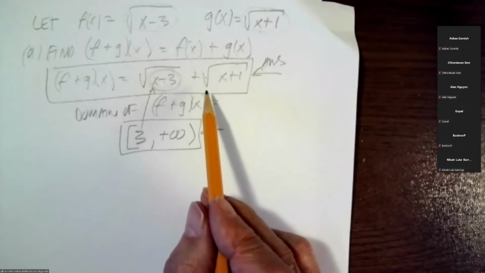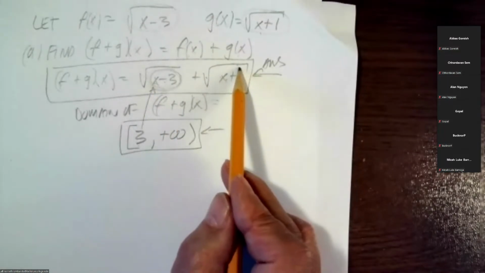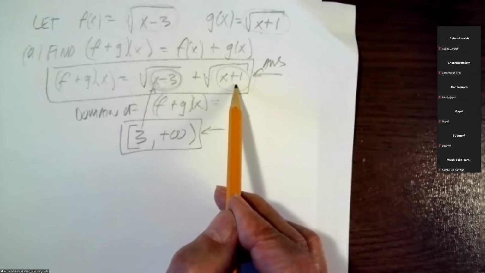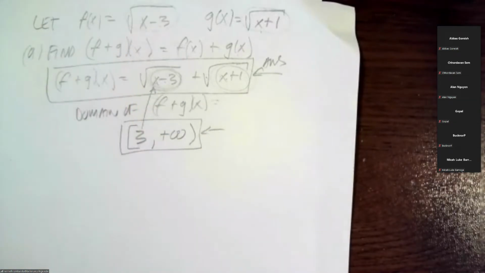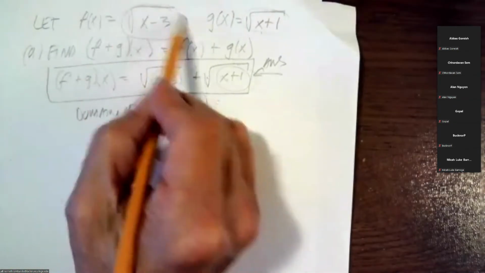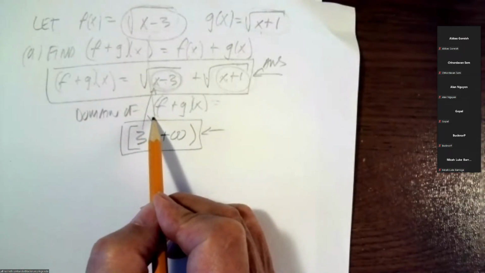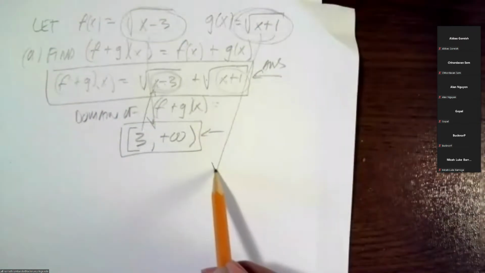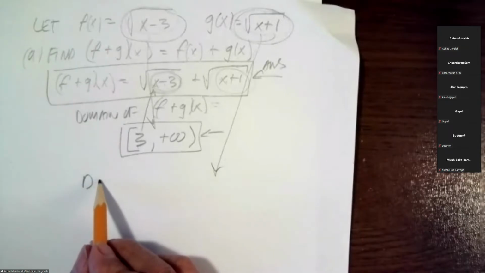Let's see, is there anything else we want to look at here? That's the domain of this. What does the domain of this thing have to be? If I said the domain of f, that certainly works here. If I said the domain of g, how am I going to figure that out? What's the domain of g?